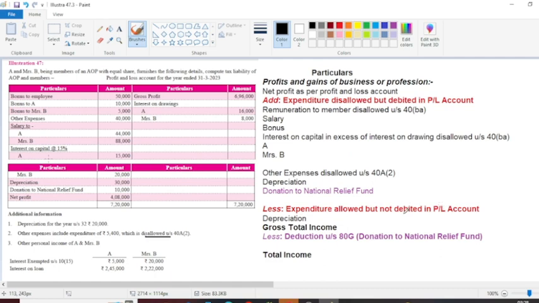Donation is not allowable as an expense in the P&L account for income tax; it is deductible under Chapter VI-A, section 80G, for the National Relief Fund. So we add back 10,000 to the net profit, and the same 10,000 is deductible under section 80G.